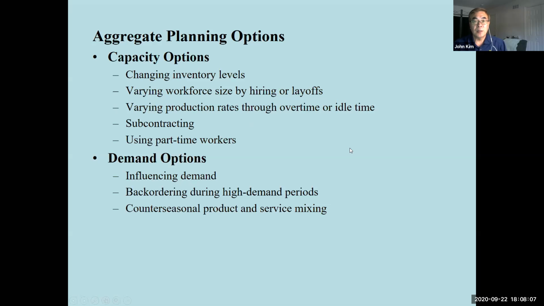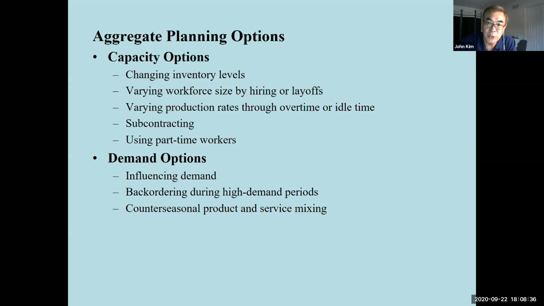Aggregate planning options. There are 2 types of options: capacity options and demand options. Change capacity by changing inventory level, and using workforce size. If they need more workforce, then hire more, then lay off and so on.